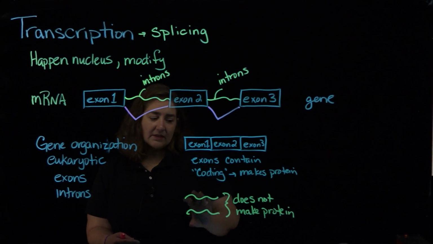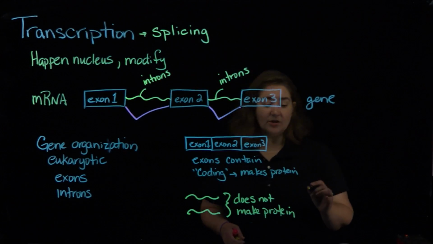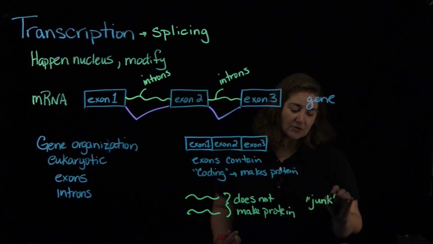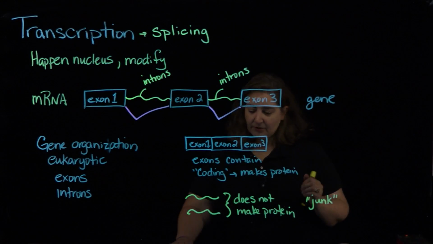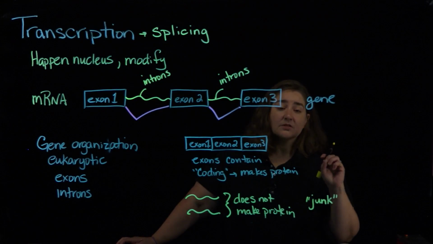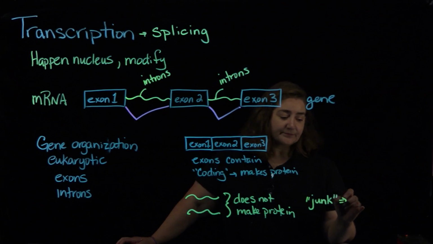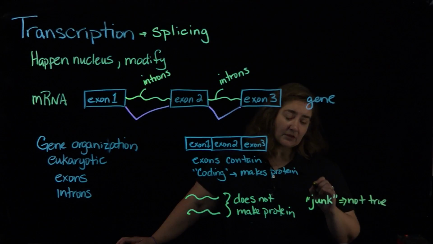And when I was in school way long ago in the dark ages, it used to be that introns were considered junk. But it turns out those introns, those small bits of RNA that get spliced out, are not junk, okay?